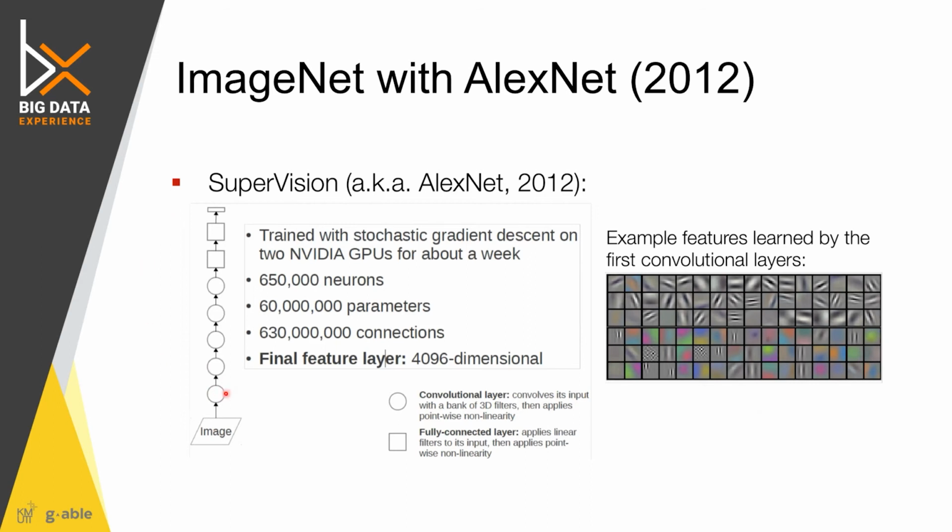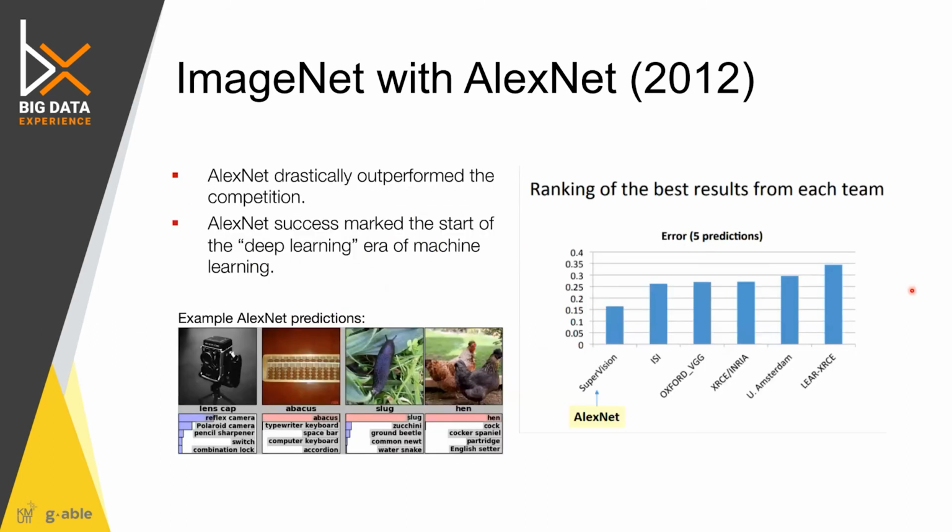If you were to extract the feature map and view it, you can see that the feature map that is produced is capturing certain aspects of the image, like the edges of the image and others. AlexNet outperformed the competitors back then in 2012, and it's the start of the deep learning era.